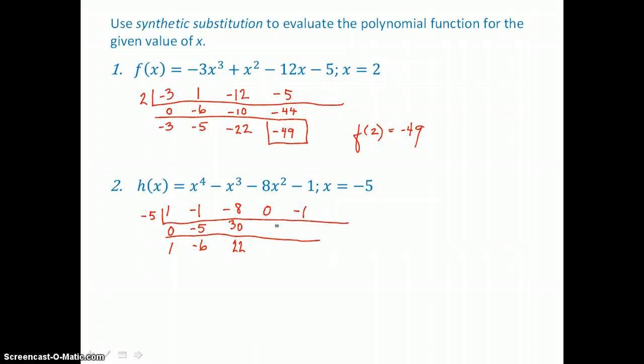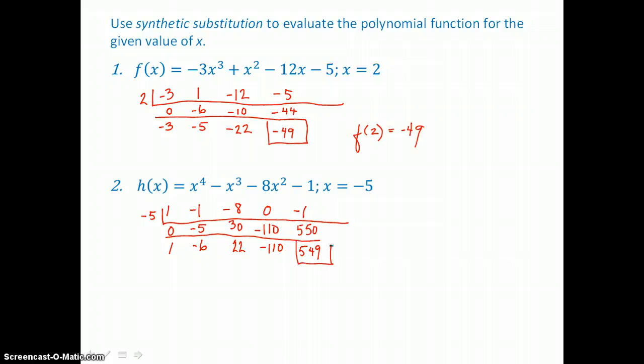Negative 5 times 22 is negative 110. I'll add this column and I'll multiply. Negative 5 times negative 110 is positive 550. And when I add to get my remainder, I find that it's 549.